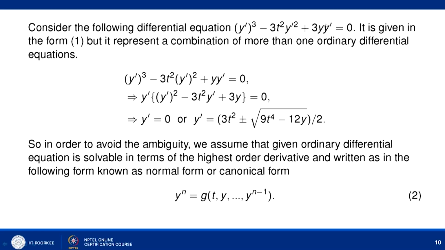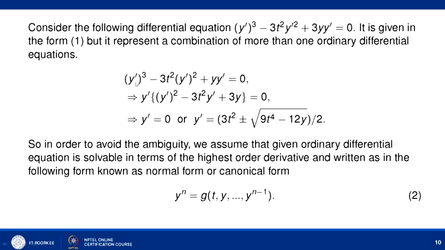But if you look closely, it gives not only one differential equation, but basically three differential equations at once. It is given in one form, but it represents a combination of more than one ordinary differential equation. Right now this is given in a very nice form and we can solve it.